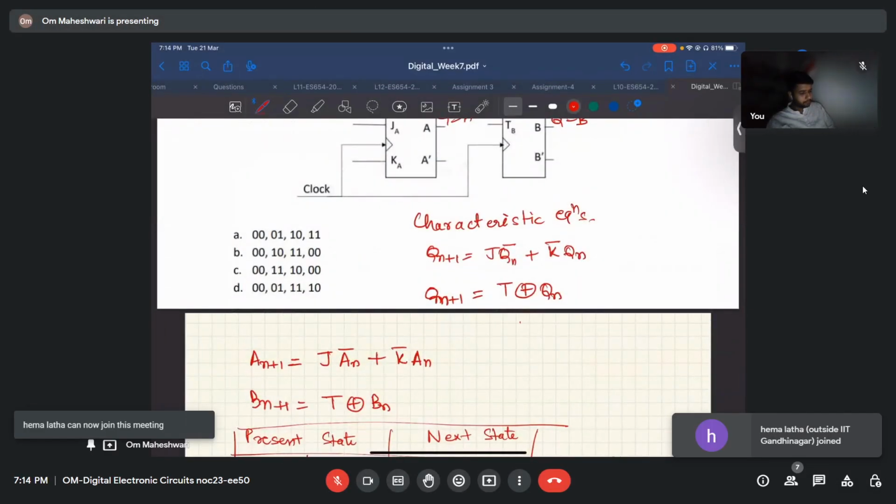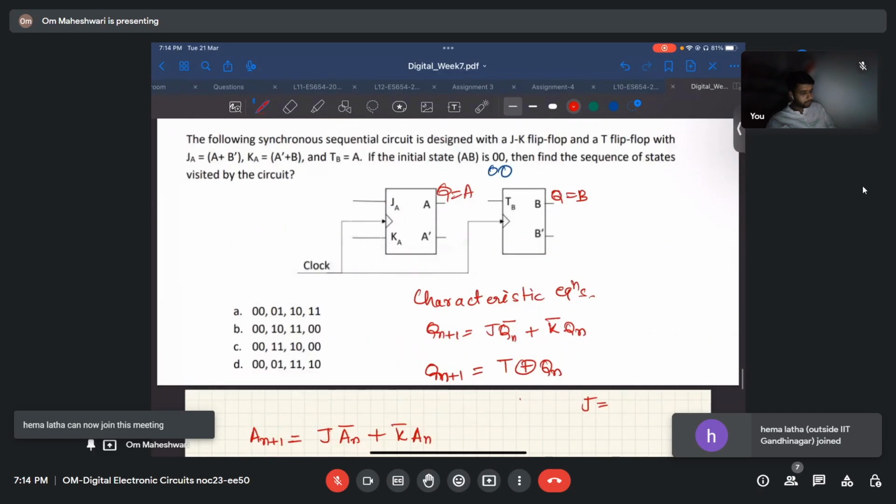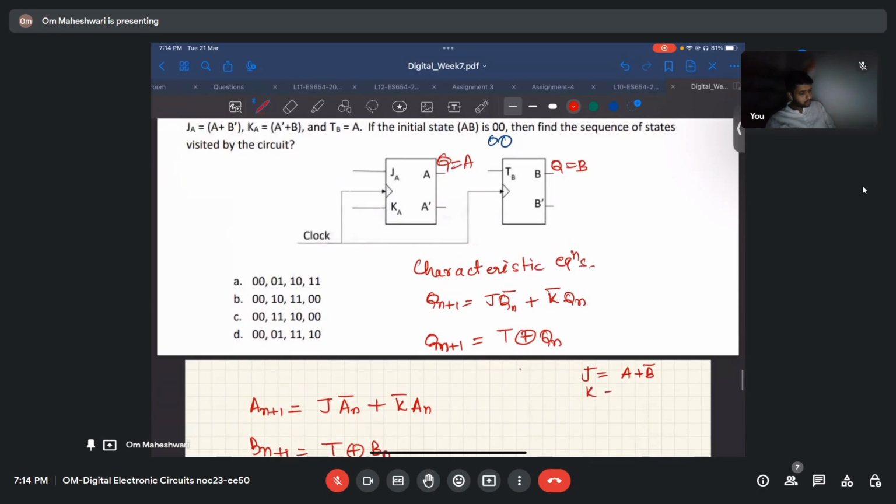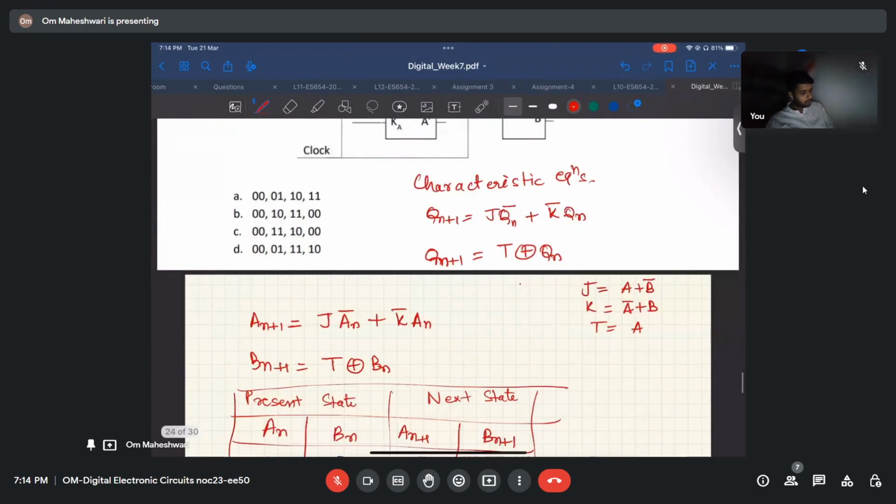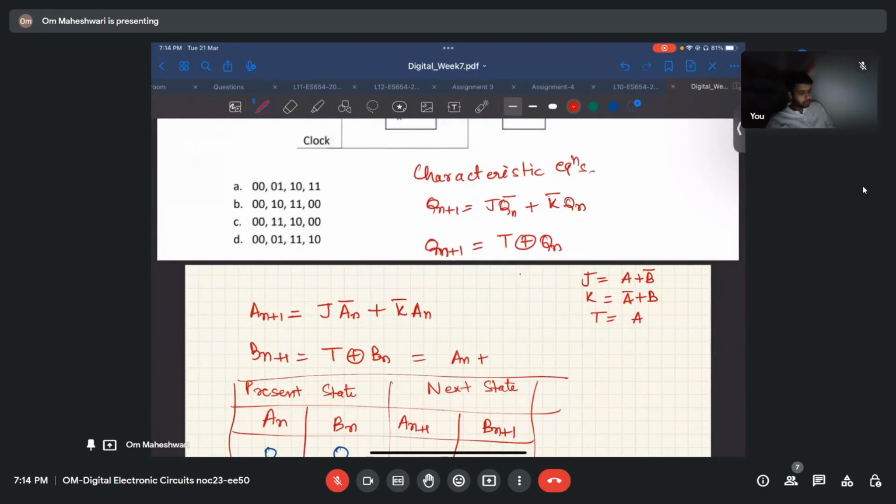J is A plus B bar, and K is A bar plus B. T is A, so it is An XOR Bn.